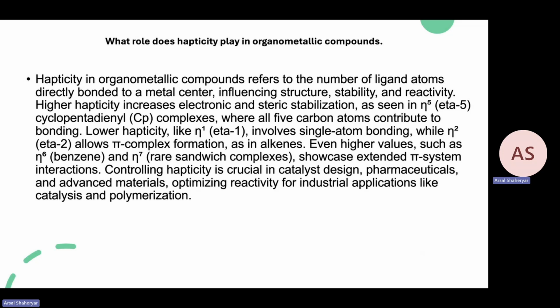Lower hapticity, like eta 1, involves single atom bonding, while eta 2 allows pi complex formation, as in alkenes. Even higher values, such as eta 6, benzene, and eta 7, rare sandwich complexes, showcase extended pi system interactions. Controlling hapticity is crucial in catalyst design, pharmaceuticals, and advanced materials, optimizing reactivity for industrial applications like catalysis and polymerization.